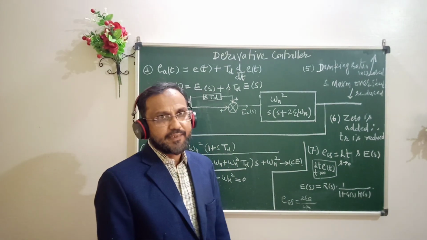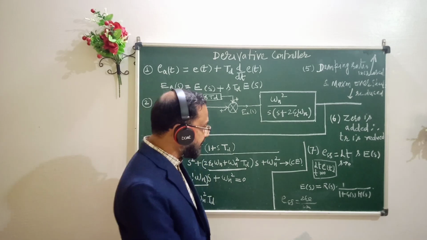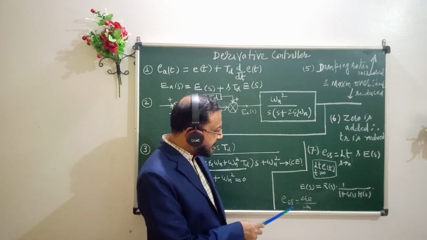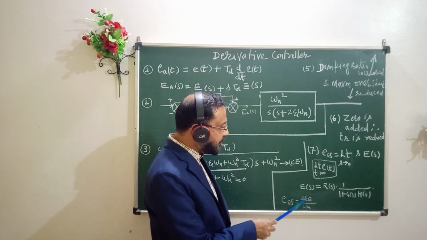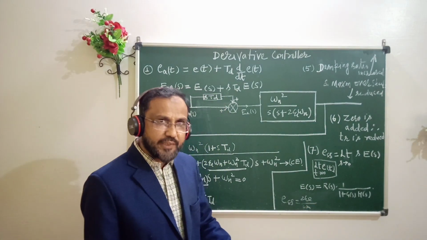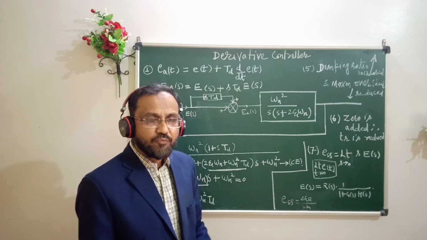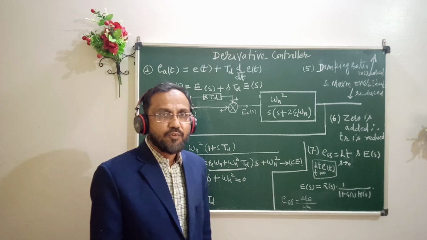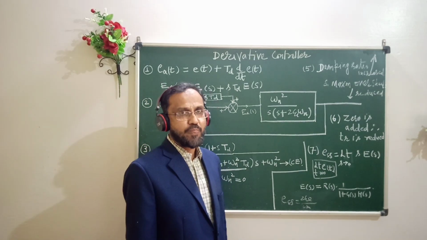Consider ramp function as an input. In both the cases, you will find that steady state error will be equal to 2 zeta upon omega n. It means with and without derivative control, value of the steady state error will remain same.